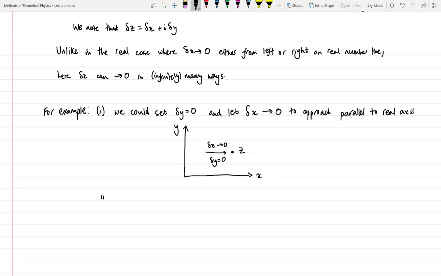The other approach we're going to consider is where instead we set delta x equal to 0, and now let delta y approach 0, now parallel to the imaginary axis.